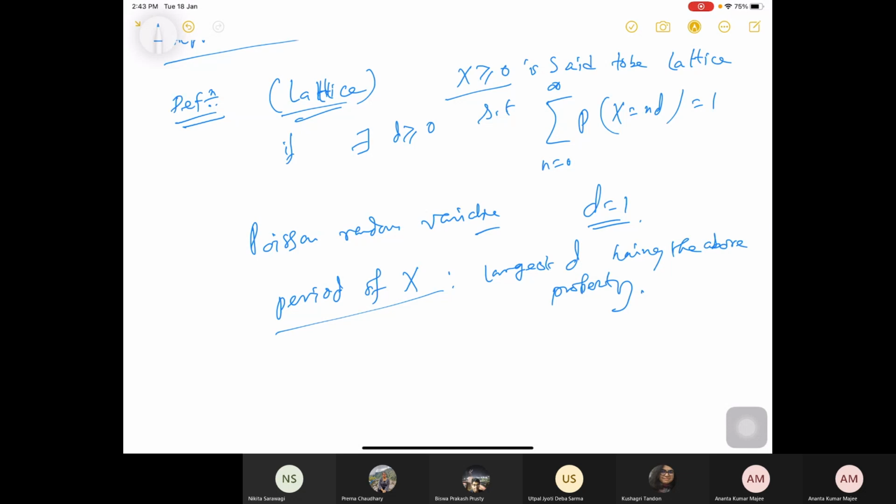That means if you look at random variable X and the corresponding distribution of X, if X is lattice, then we say that the distribution F of X is lattice. This is just the definition. The distribution F of a random variable is lattice means that the non-negative random variable is lattice.